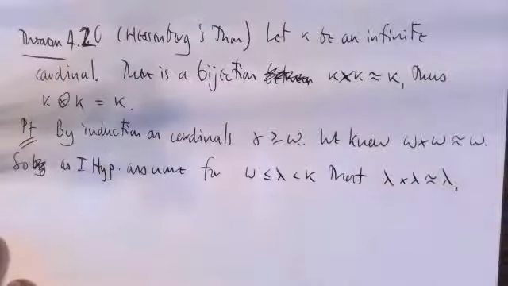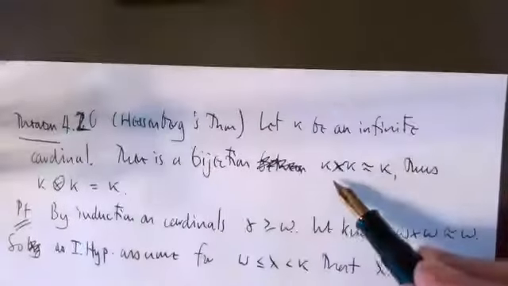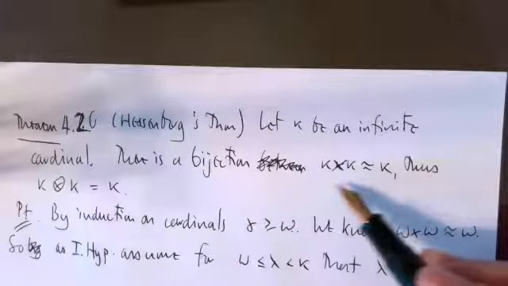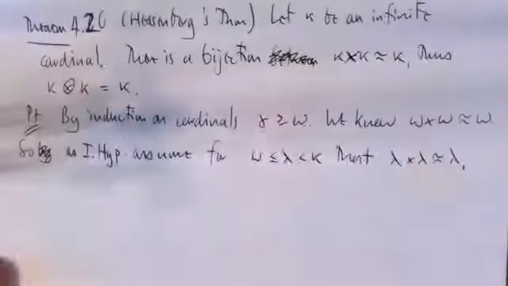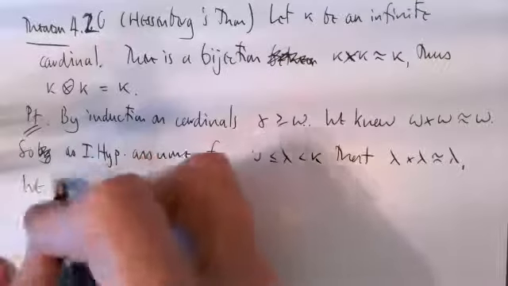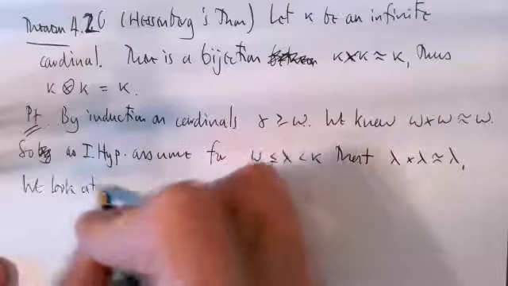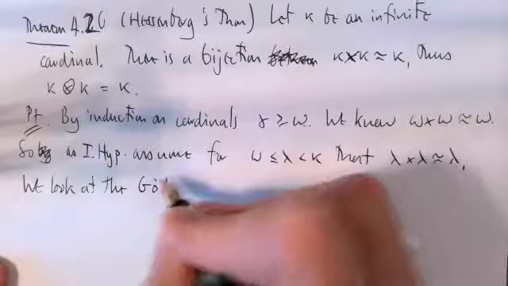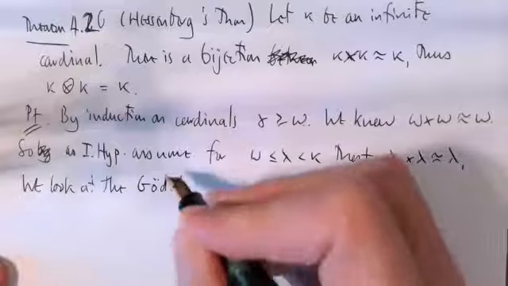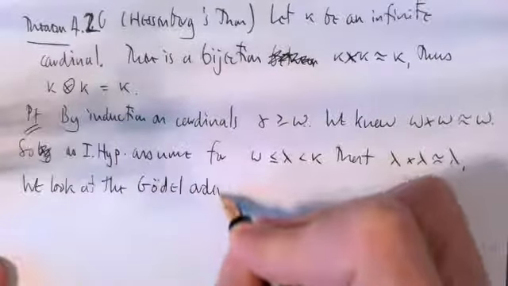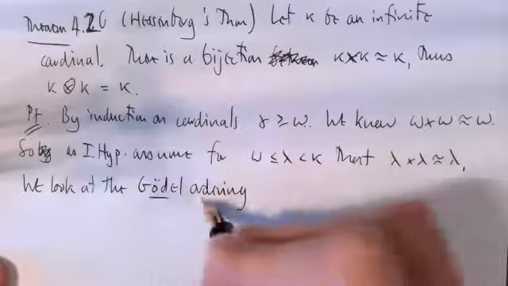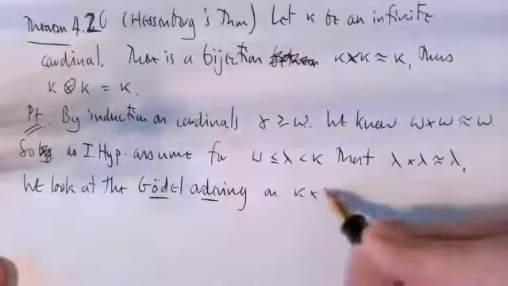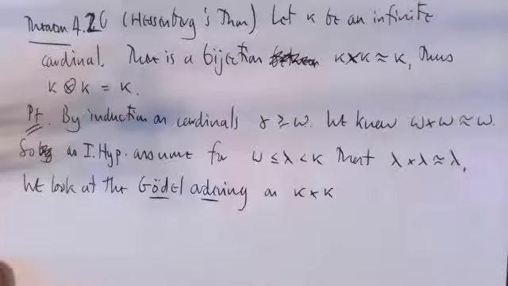And we'll prove it for kappa. What we do is look at a special ordering on this Cartesian product. It's called the Gödel ordering on kappa cross kappa, and it's a well order.